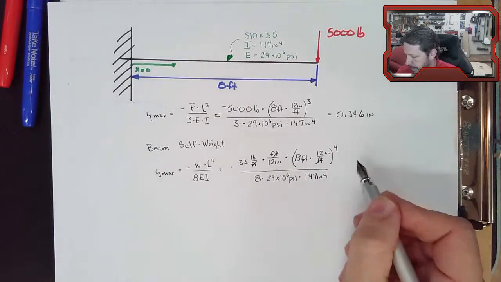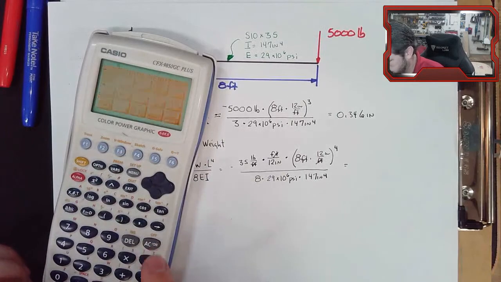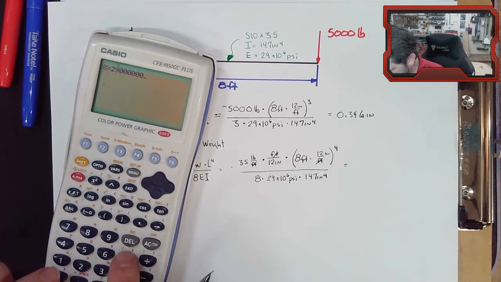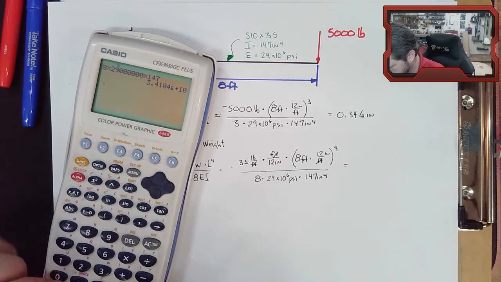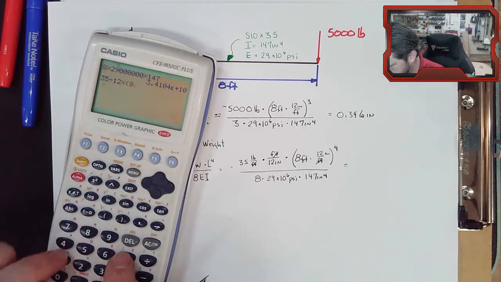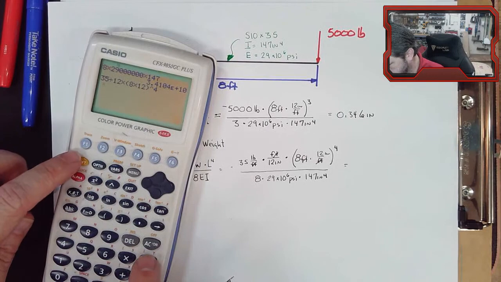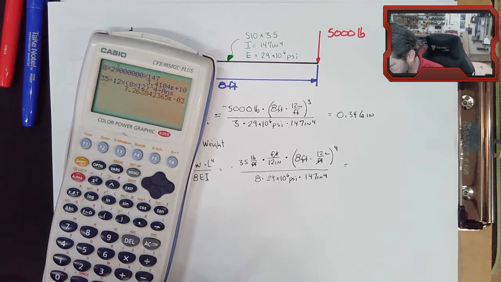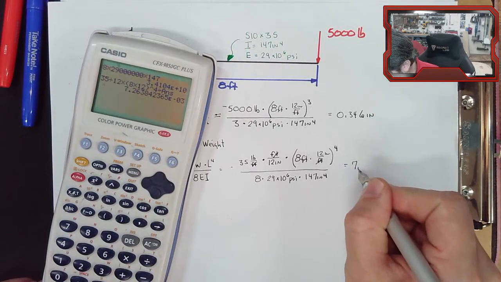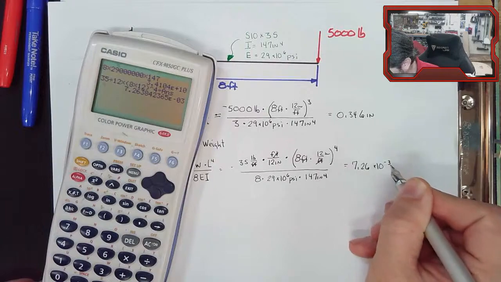So if we solve this, we'll get some pretty small number. 8 times 29 million times 147, that's in my denominator. 35 divided by 12 times 8 times 12 to the fourth, divided by my denominator. Tiny number. 7.26 times 10 to the negative third.